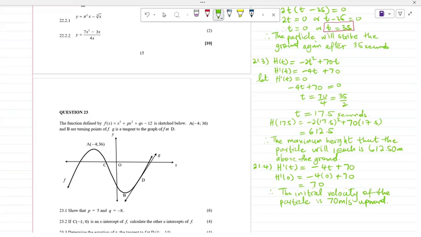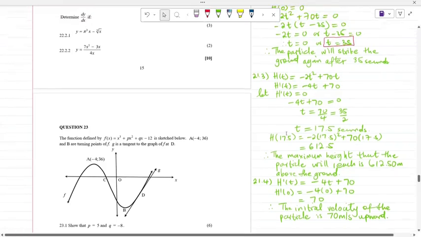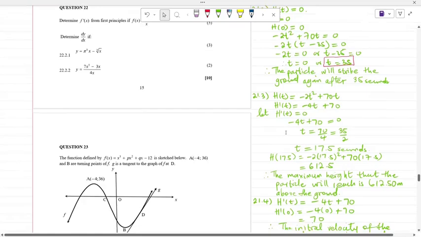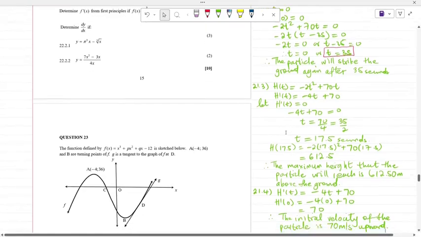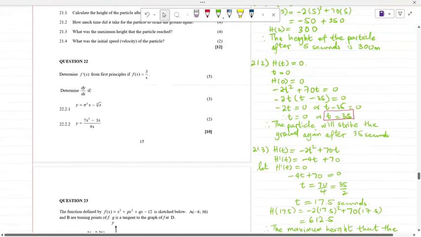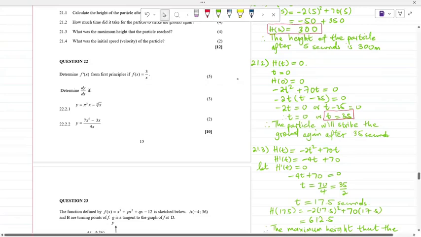Okay, and this is how we quickly do question 21. Let me quickly highlight these answers here. We got h of 5 there, which was 300, and then we give it an interpretation according to the problem.